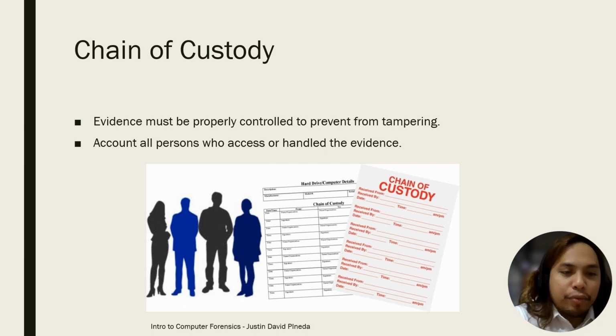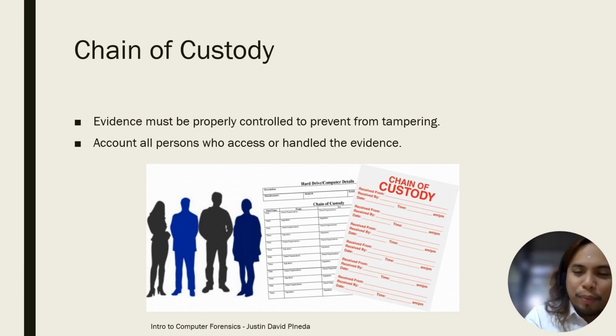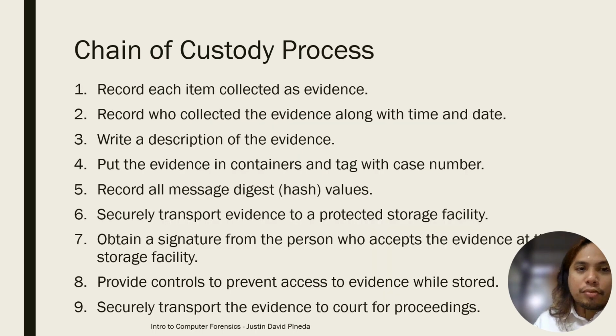Next is chain of custody, obviously very important. To establish chain of custody, document who handled what. Evidence must be properly controlled to prevent tampering, and you must account for all persons who access or handle the evidence. So what's the process?